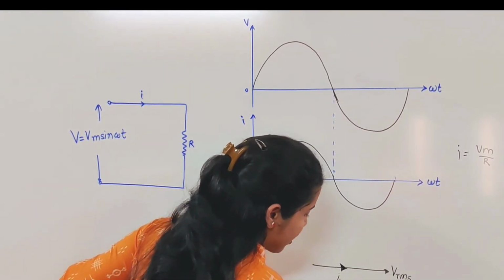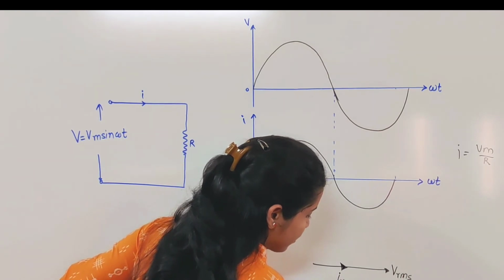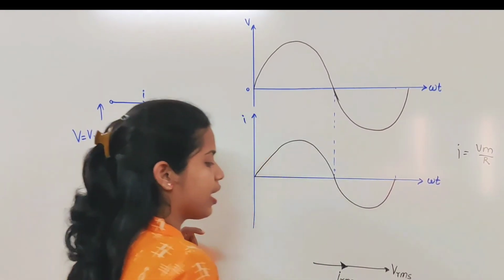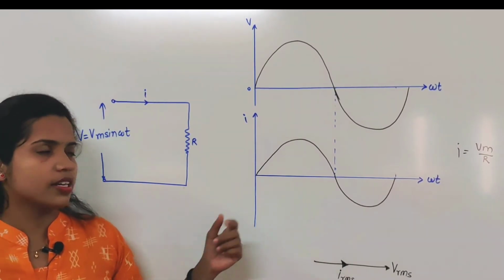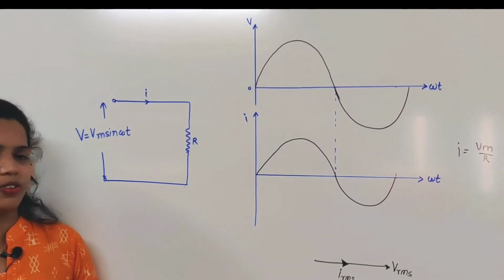Length represents the RMS value of voltage and current, Vrms and Irms. This is the phasor representation, and those are the waveforms for current and voltage.